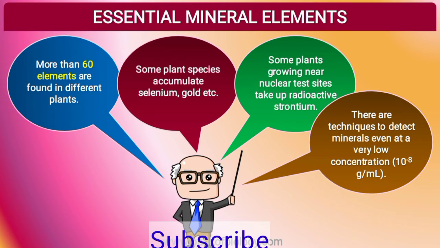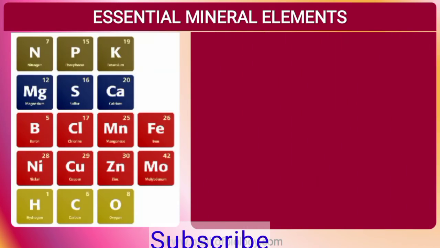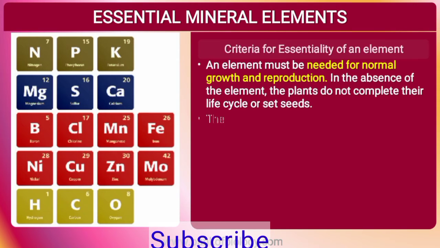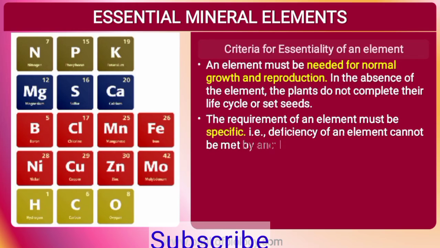These techniques are used to detect minerals even at very low concentration like 10 to the power minus 8 gram per milliliter. That concentration is very small. So these are essential mineral elements which are taken up by plants according to their location. N means nitrogen, P means phosphorus, K means potassium, Mg means magnesium, S means sulphur, Ca means calcium. You might be very well aware of them. These are the elements which are essential.